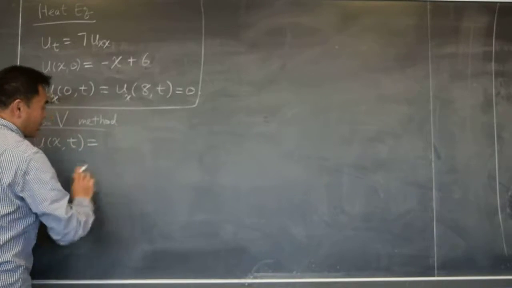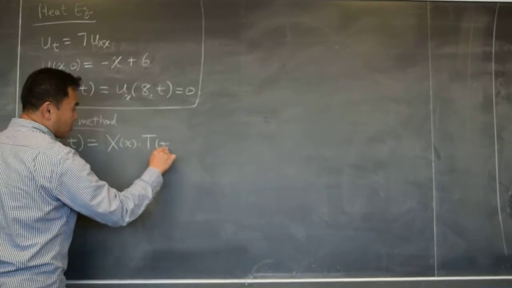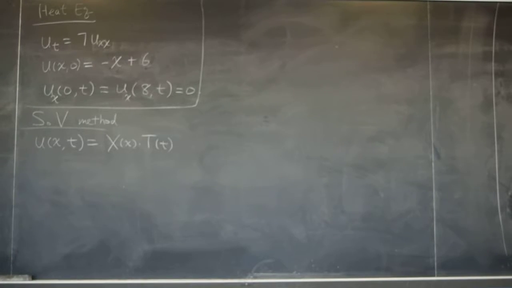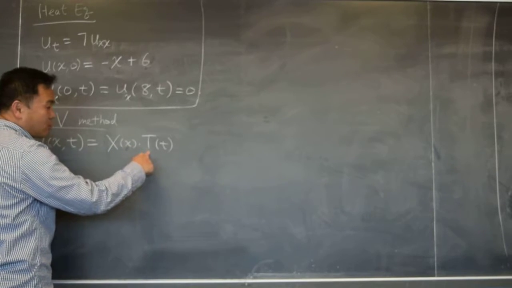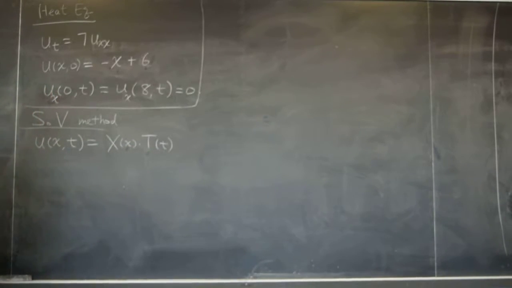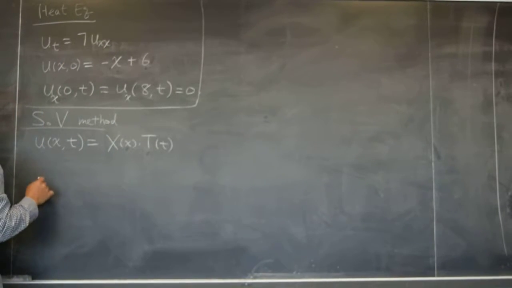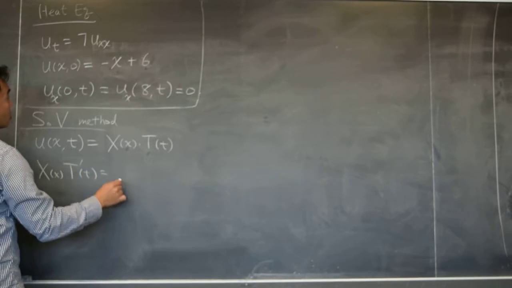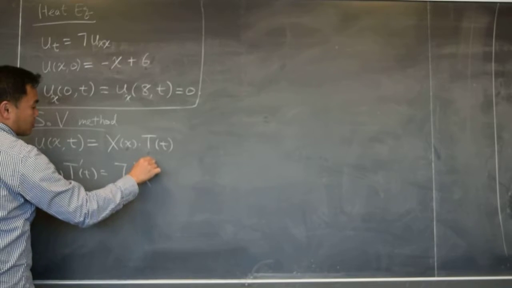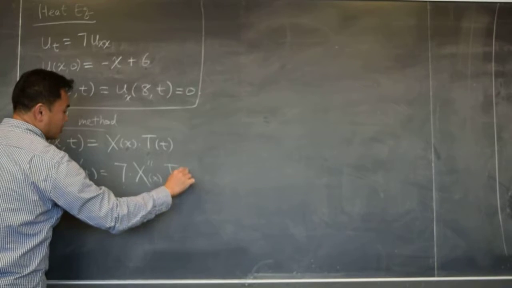Now today I'll use a slightly different notation, which is also a notation that's used a lot. So I'll use capital X for the function that is only dependent on x, and I'll use capital T for the function that is only dependent on t. You plug in on the left side, so you get X times T prime of t equals 7 times X double prime of x times T of t.